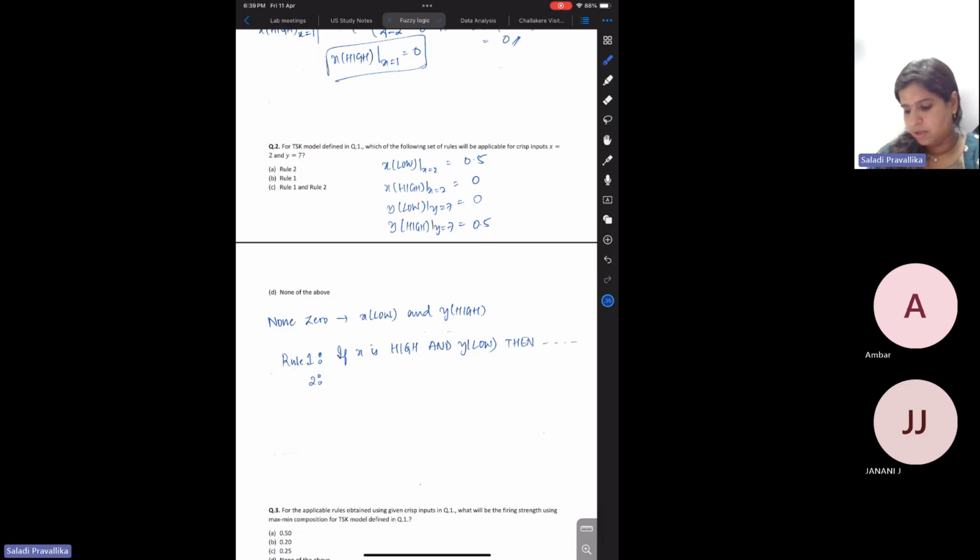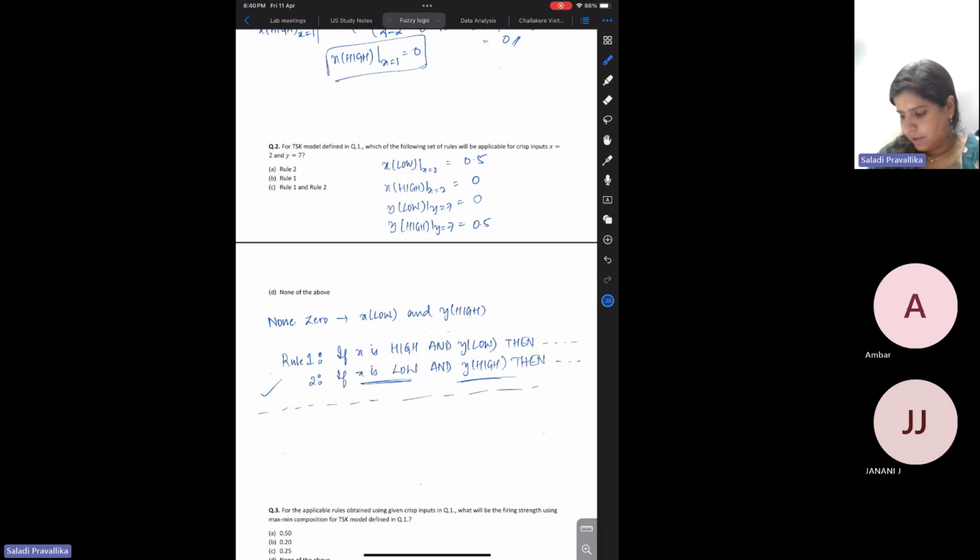Our rule 2 is if x is low and y is high, then some consequence. Now we have two non-zeros. One is x is low and y is high. So rule 2 applies for this given value of x equal to 2 and y equal to 7.